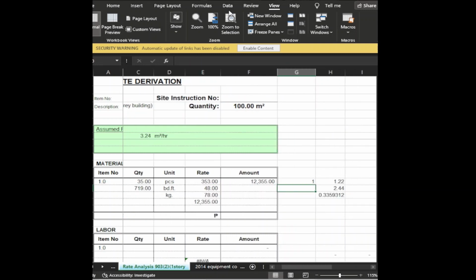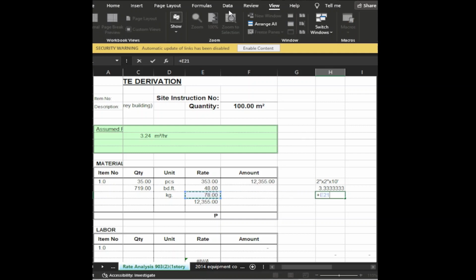For example, guys, you are going to use 2 by 2, 2 inches by 2 inches by 10 feet. So if you're going to compute the board feet for this one, this is 2 times 2 times 10 divided by 12, so it's 3.33.